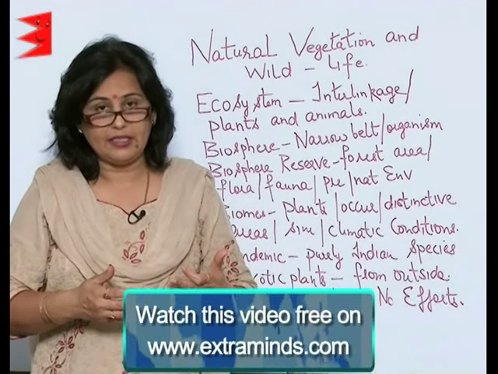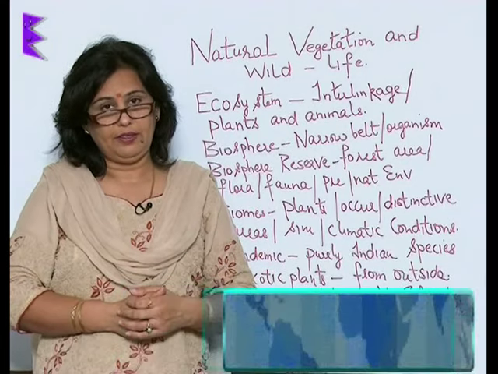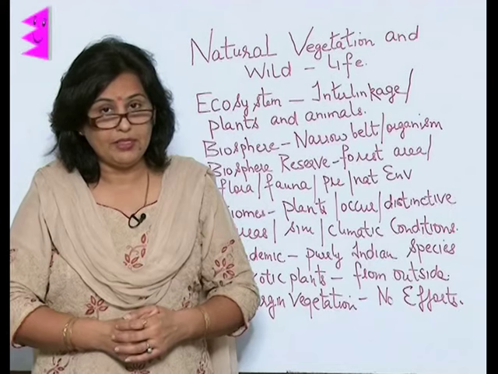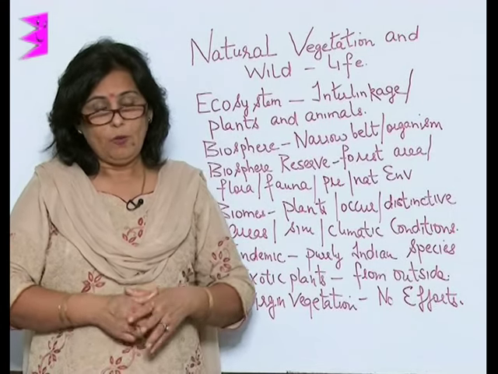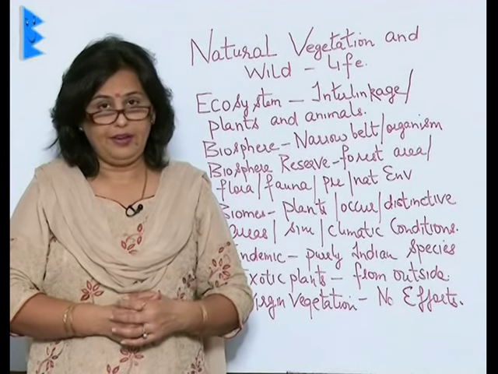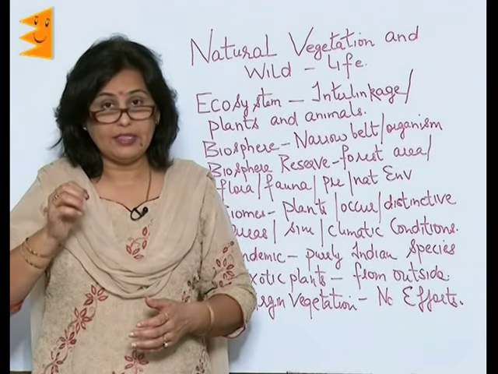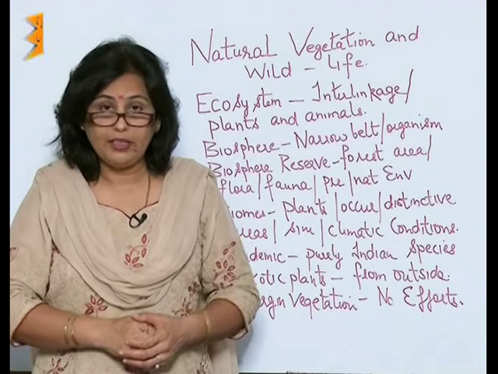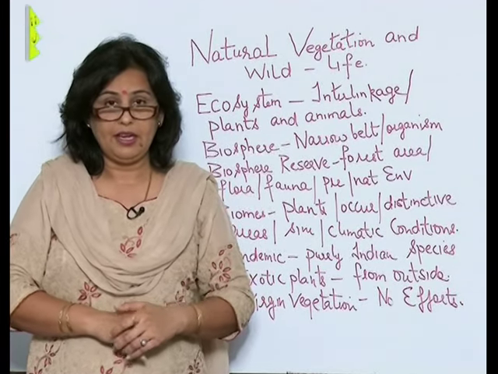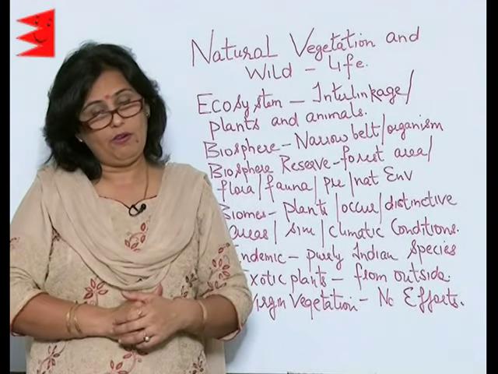Why is this different from each other? Why can't we have the similar kind of animals or birds everywhere? Why can't the plants be grown in all the areas? What is the factor or what are the factors which actually make the difference in the flora and fauna of the country?